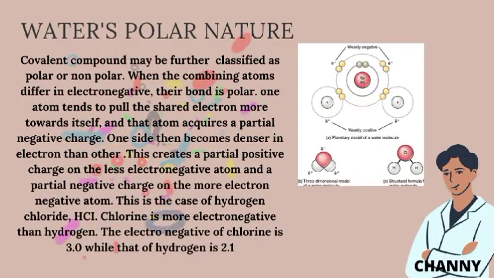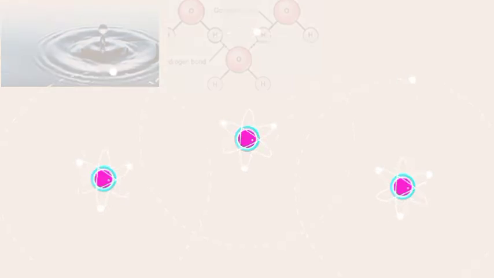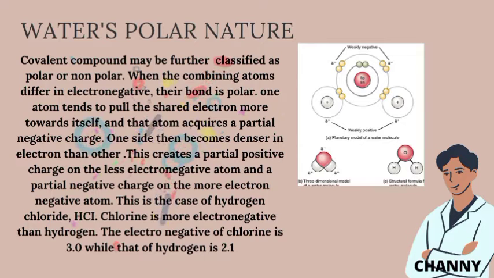Covalent compounds may be further classified as polar or nonpolar. When the combining atoms differ in electronegativity, their bond is polar. One atom tends to pull the shared electrons more towards itself, and that atom acquires a partial negative charge.